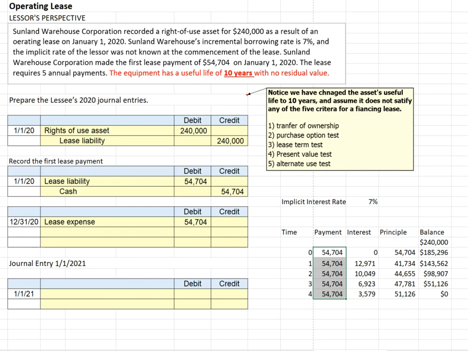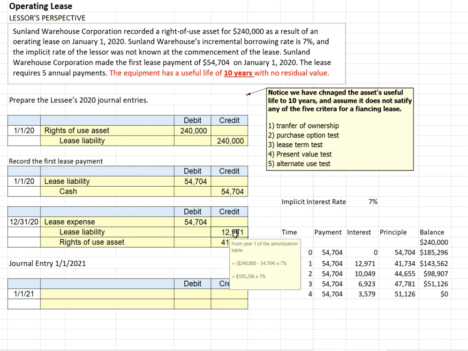The interest portion of the lease expense will come from our amortization table, the $12,971. That will be the reduction in the lease liability related to the interest portion of our lease, and it will decrease over time. The remaining portion of our lease expense is comprised of a reduction in the right-of-use asset, the amortization.